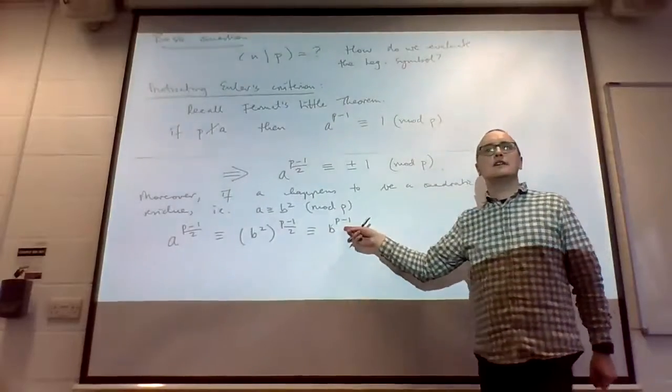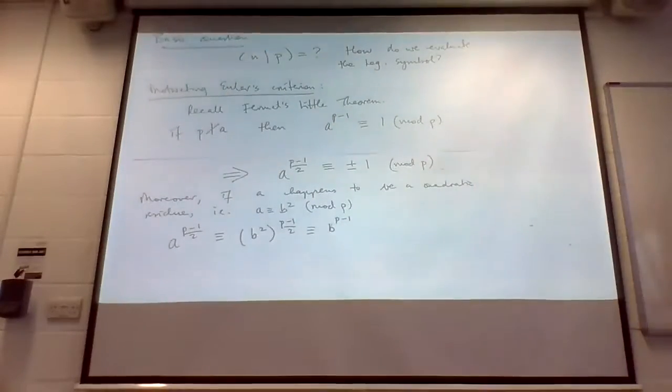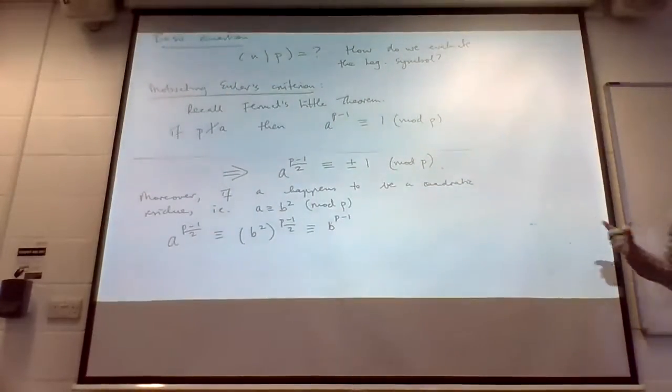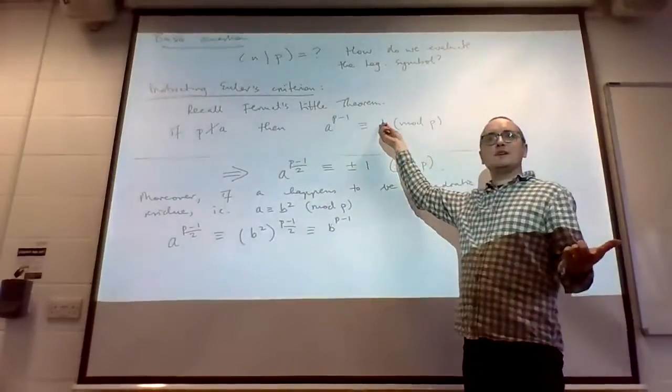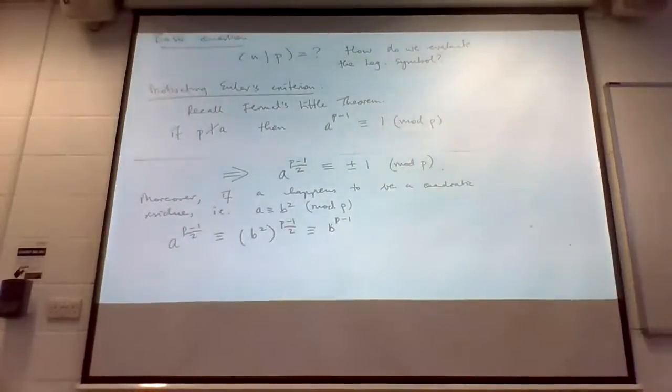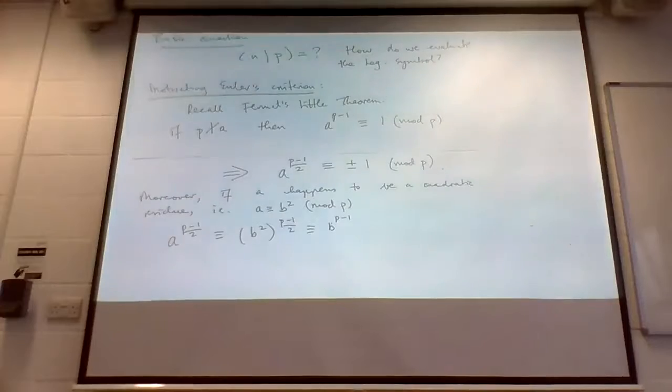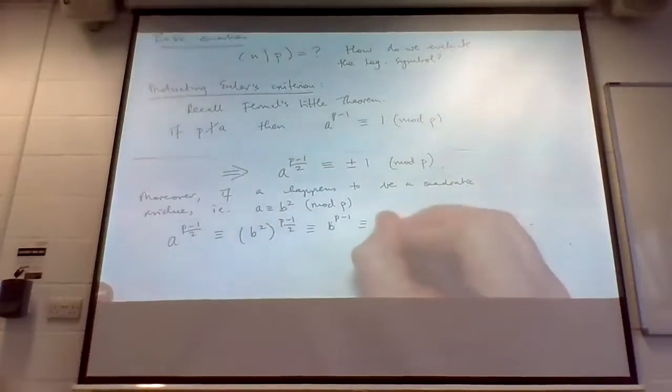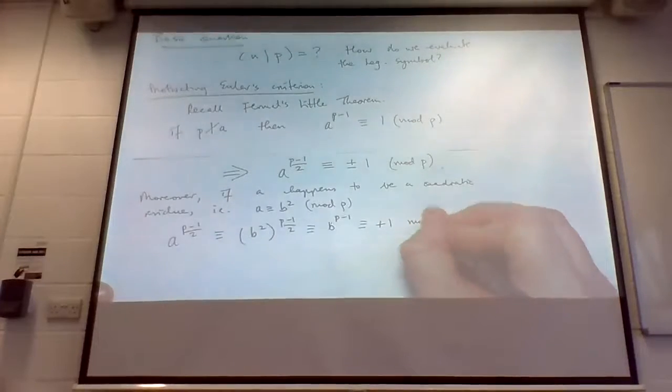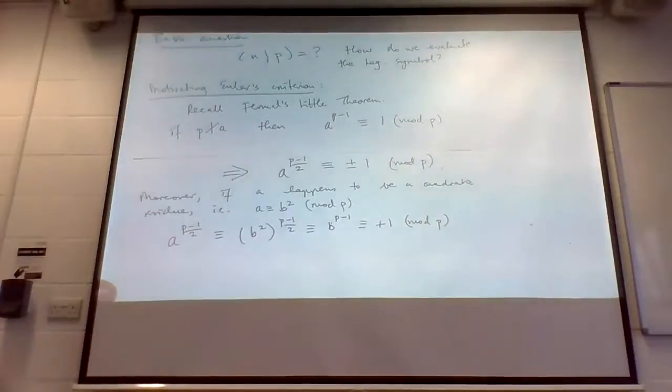And this must be 1 by Fermat's little theorem. Anything raised to the power of p minus 1 is going to be congruent to 1 modulo p. So that last step is by Fermat's little theorem.